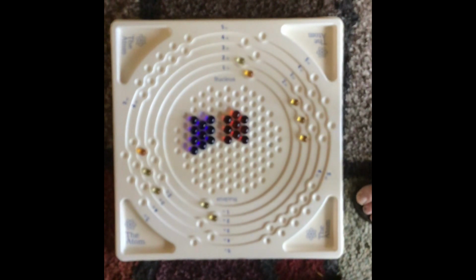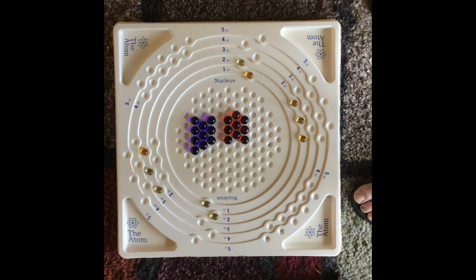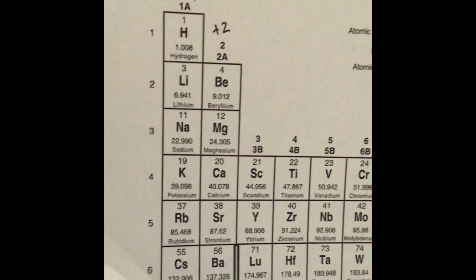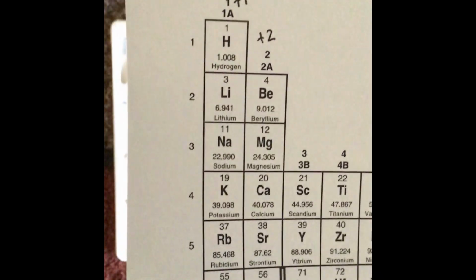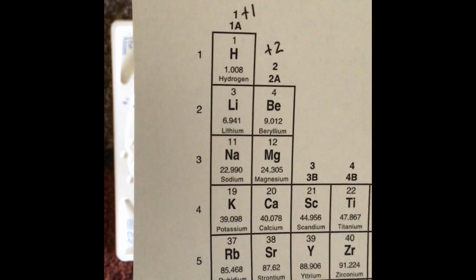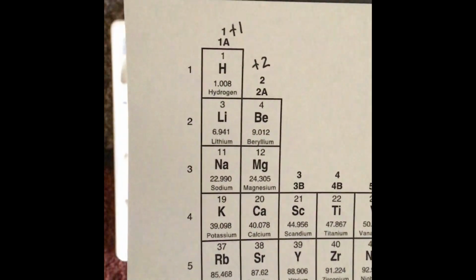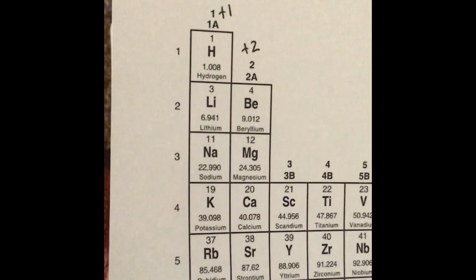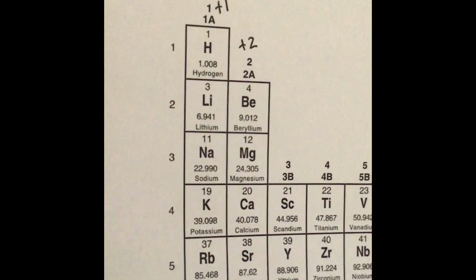Let's look at sodium. If we were to look at sodium on our periodic table, let's figure out how many protons and neutrons we want to draw for that. Sodium has an atomic number of 11. So how many protons? That's right, 11. We look at the atomic mass, it's 22.990.